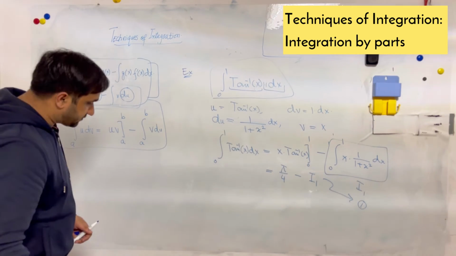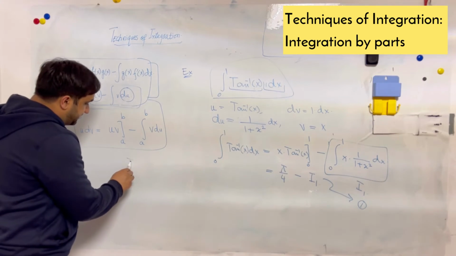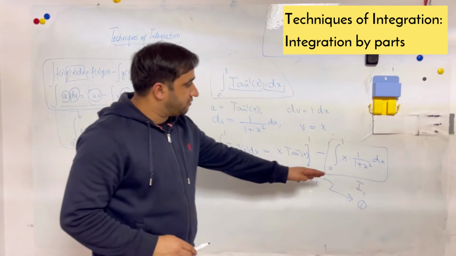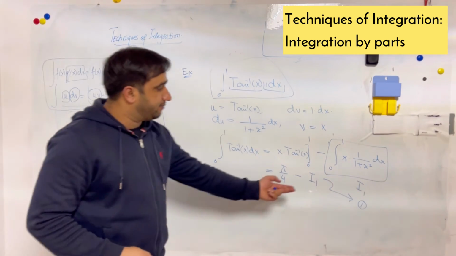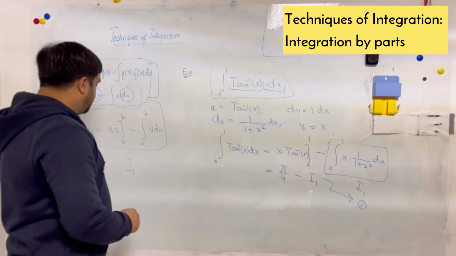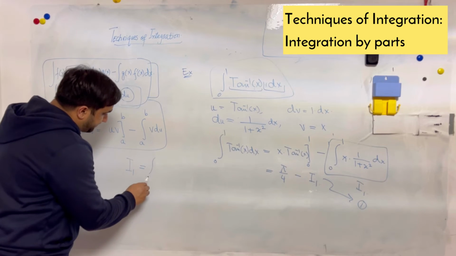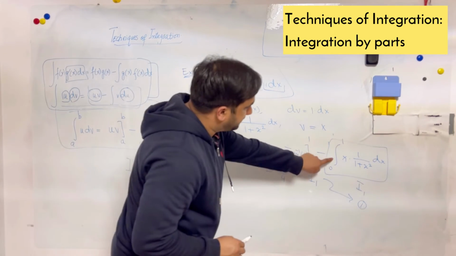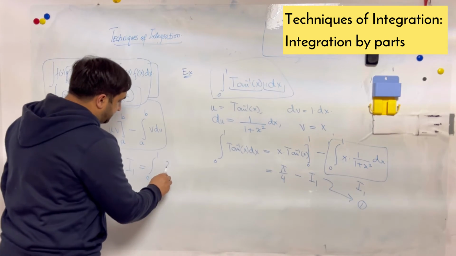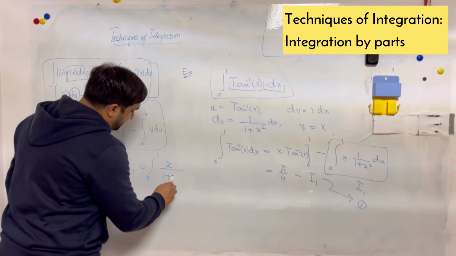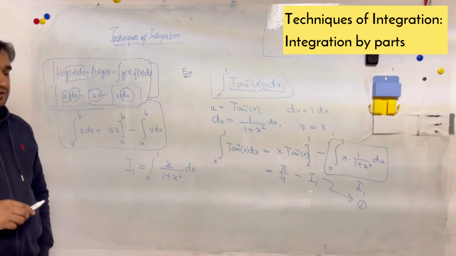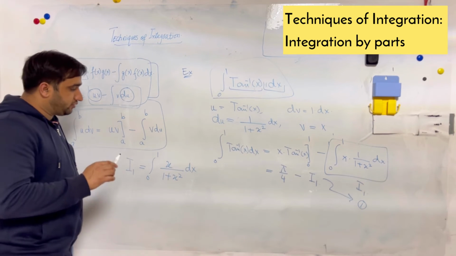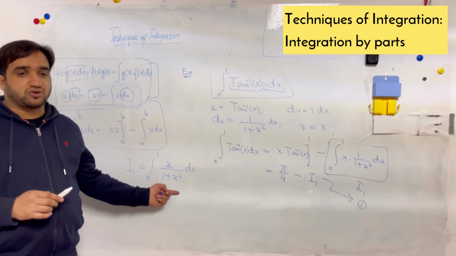Now I1 is, so I am going to solve this I1 separately to not confuse, and then put the answer back here. So I1 is the integral from 0 to 1 of x divided by 1 plus x square. But it's not a product, right? Yeah, you already know how to solve it.